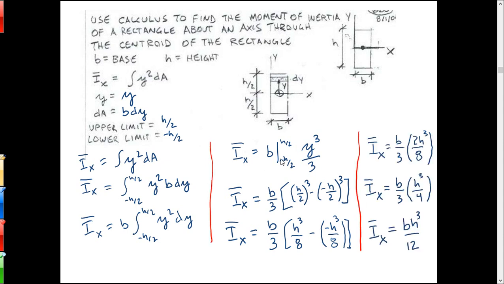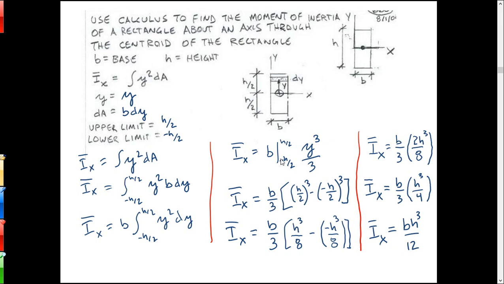And then we just got to work with our fractions here. So we get b over 3 times 2h cubed over 8. The 2 and the 8, you can simplify that to just h cubed over 4 times b over 3, it's bh cubed over 12. So there you go, there's the moment of inertia for a rectangle about its centroidal axis.